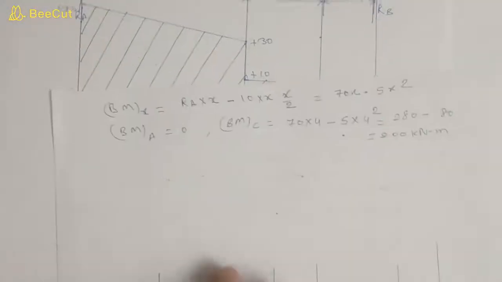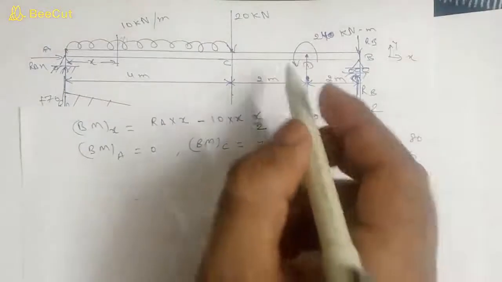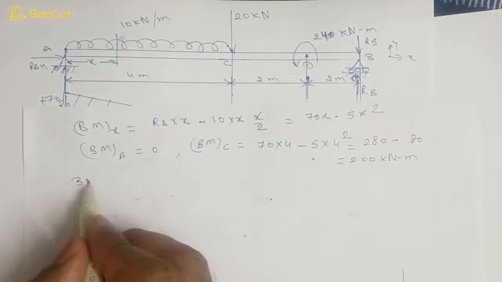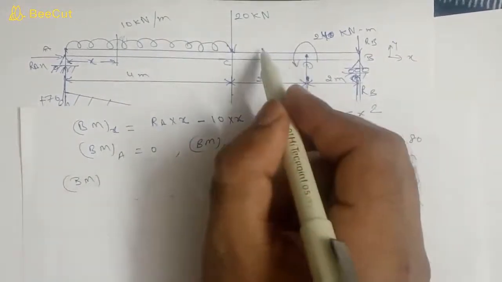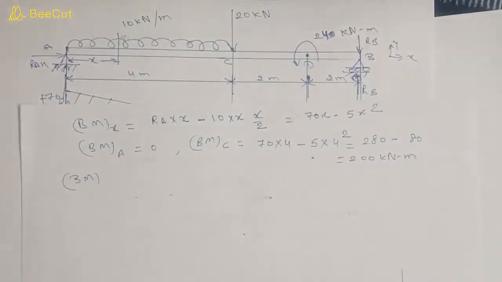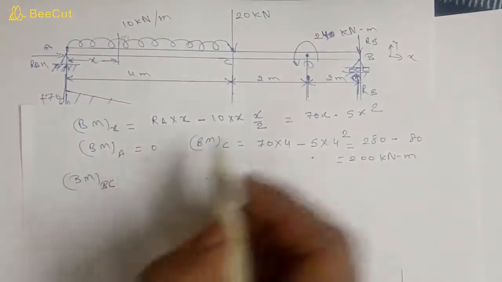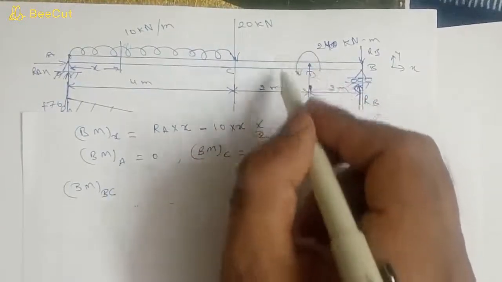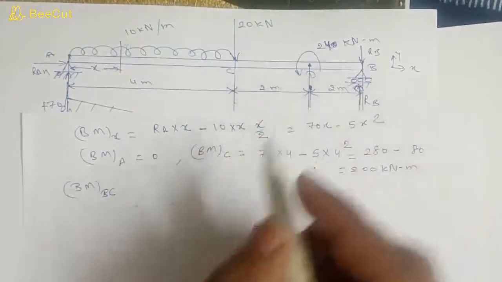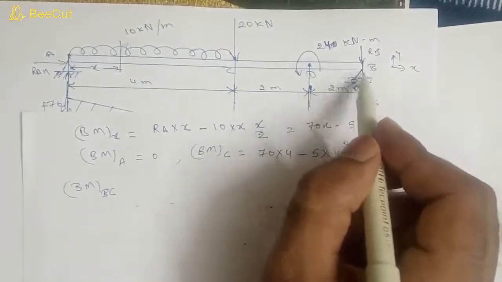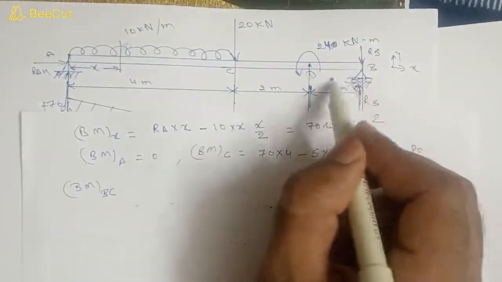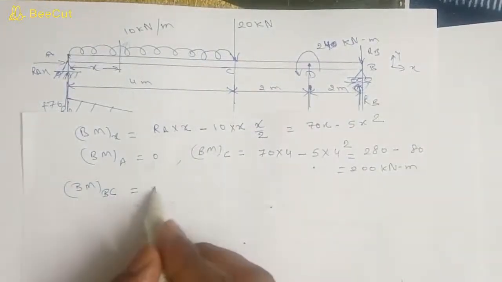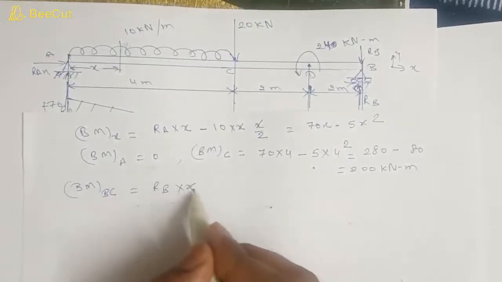Now we will calculate the bending moment in section BC. So we suppose we take a section here in BC at this distance x. From right side, if we calculate the bending moment, we'll get RB into x.